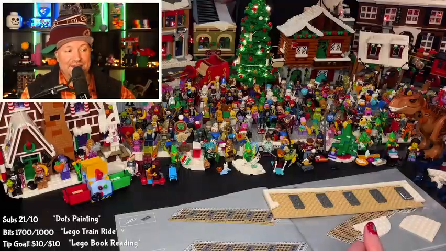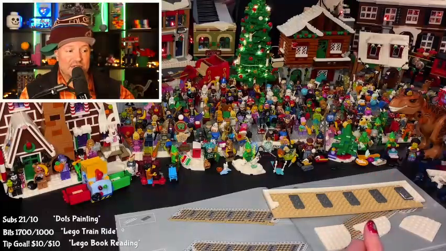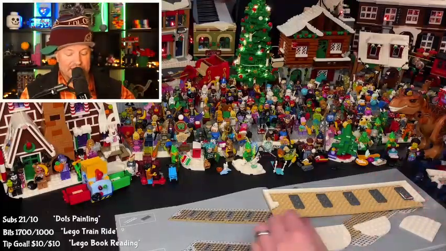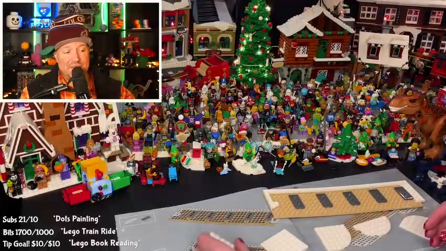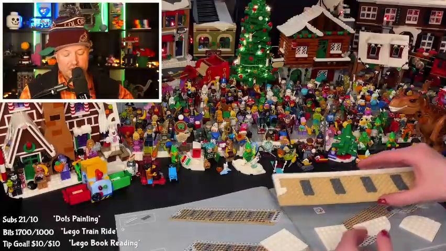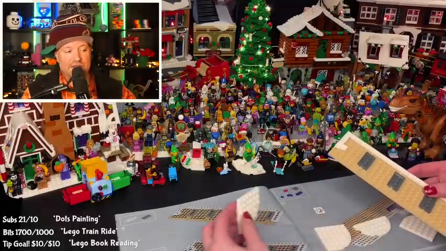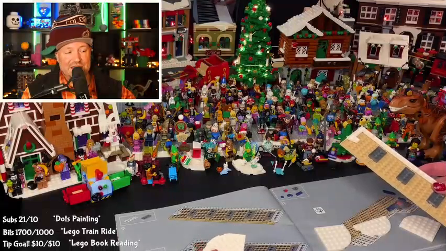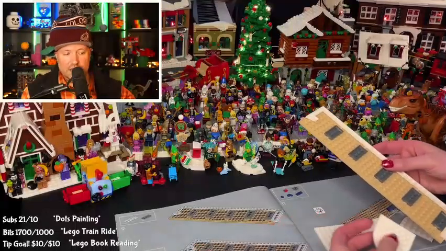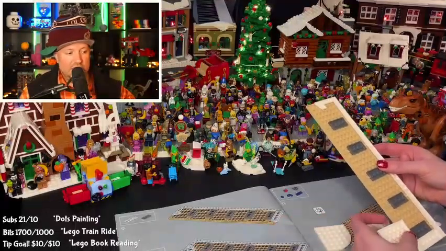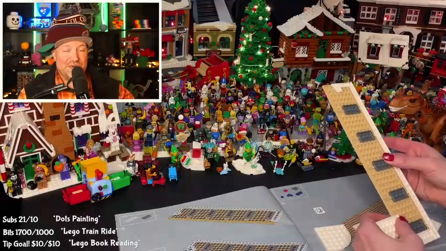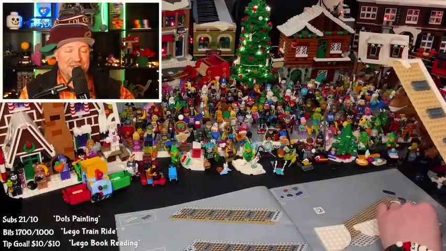I could play it A, C, F, and I could also play it C, F, A. So here's all three of those. And then I could keep going into the next register and start again.